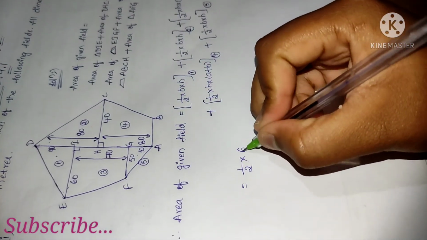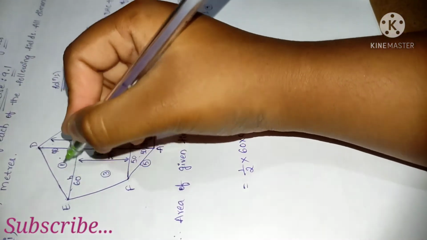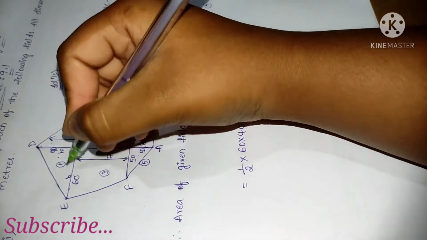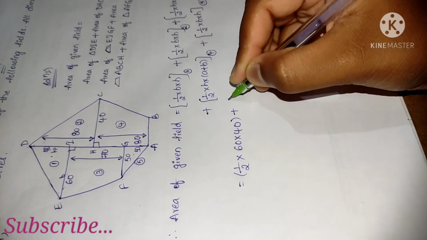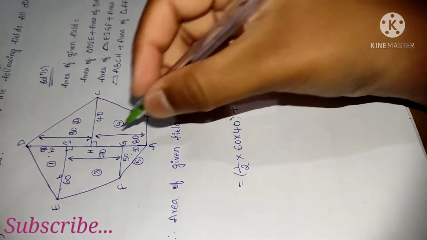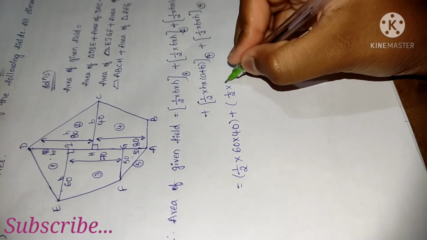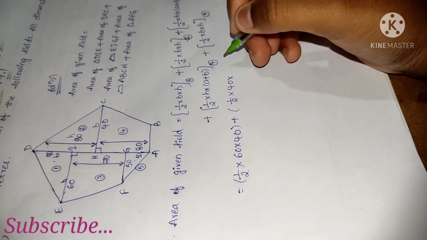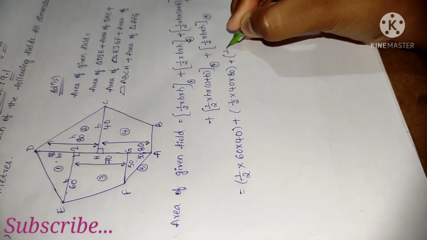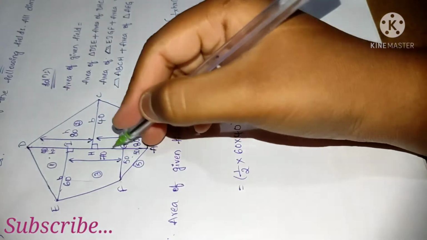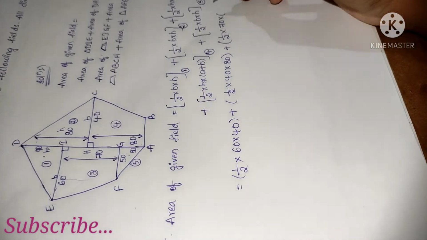Related to first shape, half into base is 60 and height is 40. They gave it in the problem. So half into 60 into 40, plus half into BH for triangle 2, that is DHC. Base is 40, height is 80. So half into 40 into 80. Plus next trapezium 3, that is EIGF.